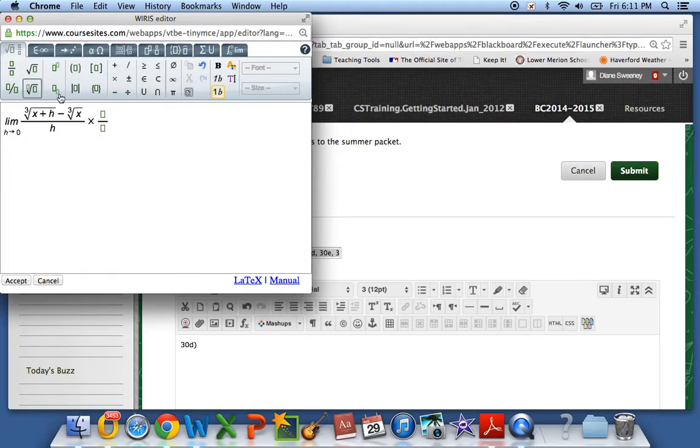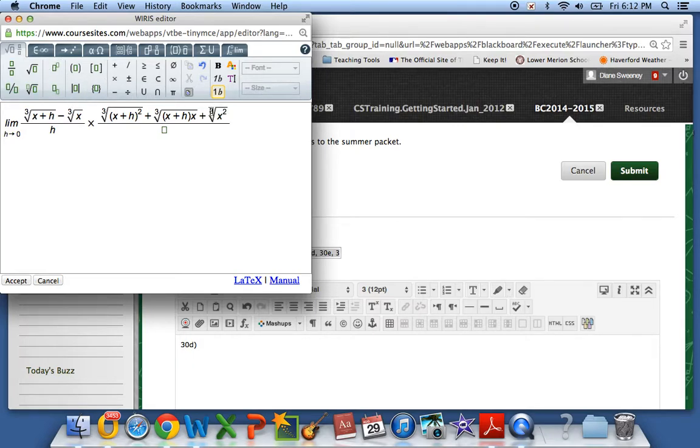So I'm going to multiply by the cube root of x plus h squared, and then we're going to have plus cube root of x plus h times x, and then plus again cube root of x squared.